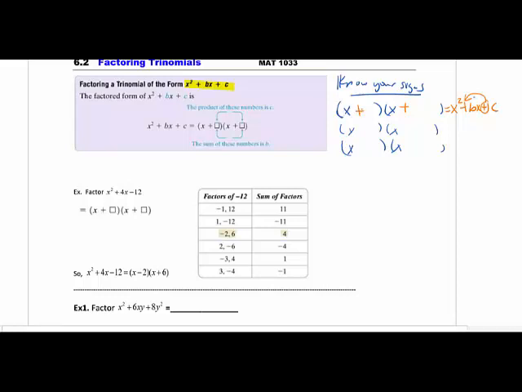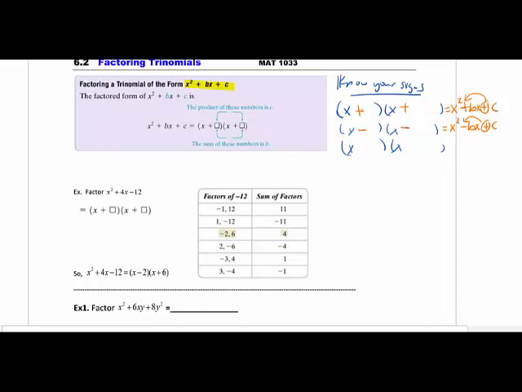So if c is positive and b is positive, they're both positive. If c is positive, we always look to the middle, and if the middle sign is negative, they both have to be negative.